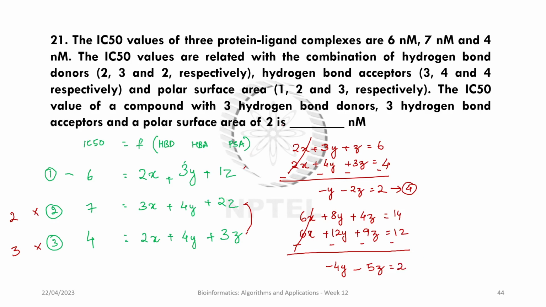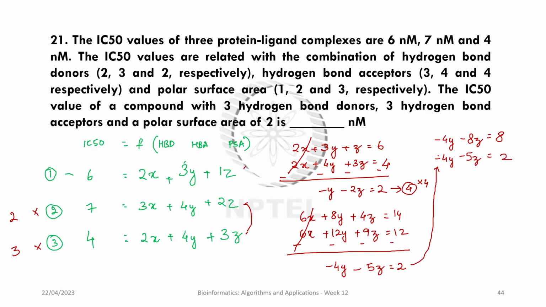Okay, so I'm going to multiply 4 by 4. So you have minus 4y minus 8z is equal to 4 2s are 8 and you have minus 4y which I am taking here minus 5z is equal to 2.